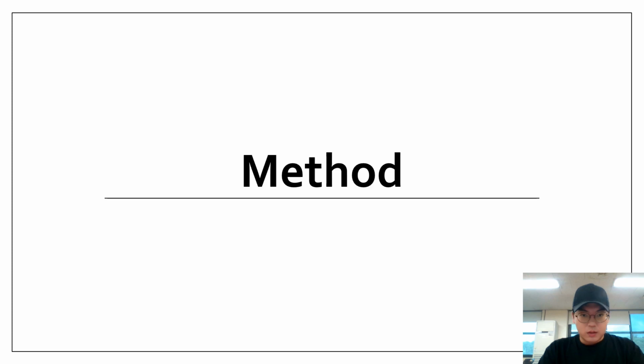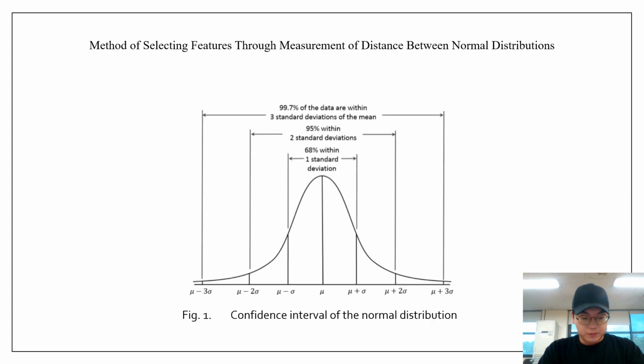So now I will show you our proposed method, which we call Gaussian distribution distance. Assuming that the data follow a normal distribution, the confidence interval can be obtained by using the mean and the standard deviation.